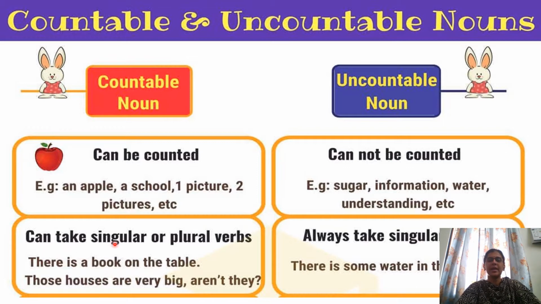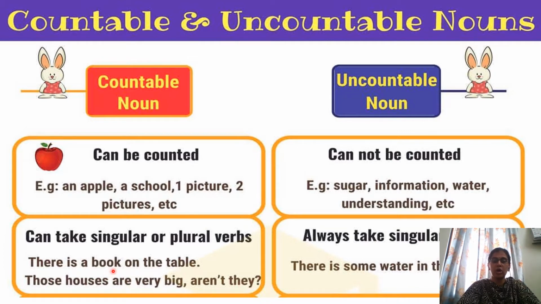Next, can take singular or plural verbs. So when you have a countable noun, it can take both singular verbs and plural verbs. For example, apple, apples, school, schools, picture, pictures. So here we also have an example sentence. There is a book on the table. Those houses are very big, aren't they?